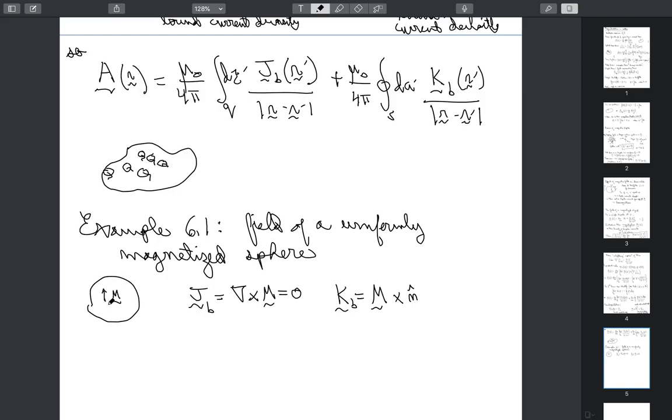So when I take the z vector with the theta vector, I get a phi. So this is m times the sine of theta, where theta is my angle. Let's say I measure my position here by the angle theta, and it goes along the phi direction, so phi hat.